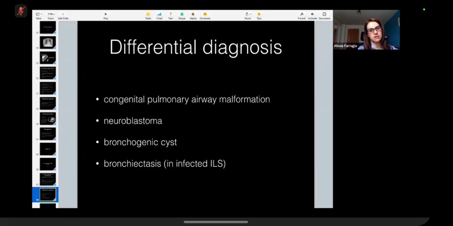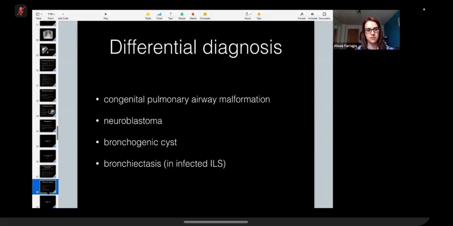Neuroblastoma, especially if they present in a younger age group, in pediatrics. A bronchogenic cyst, but those would not have a separate arterial supply, as we saw in this case. Or bronchiectasis in an infected intralobar sequestration can present with those cystic infected areas. Well done.